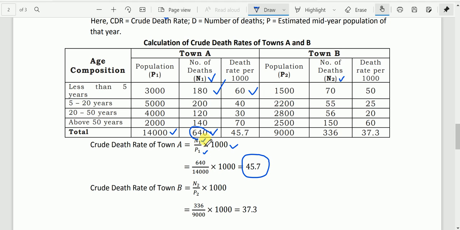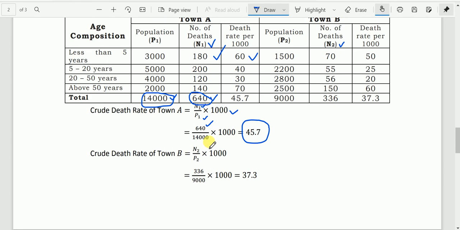This is the number of deaths, 640, here, and this is the total mid-year population, and after this we get 45.7.